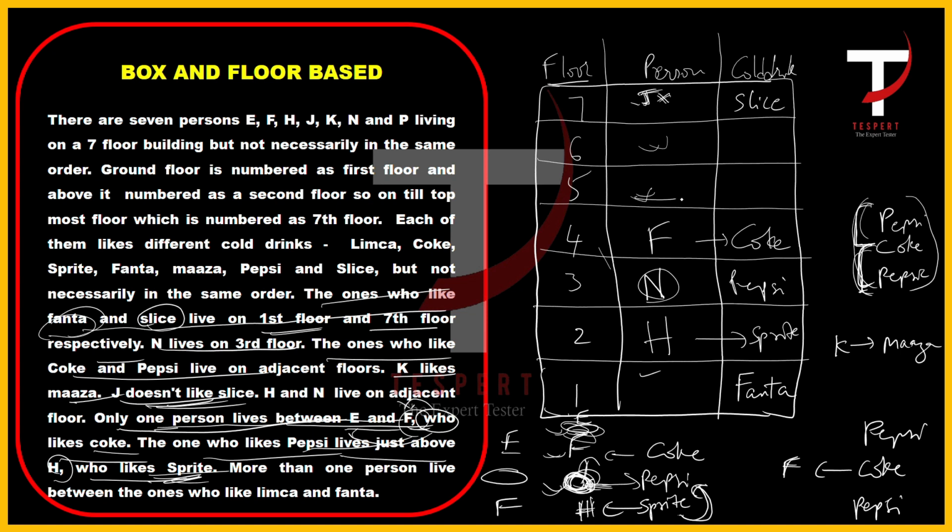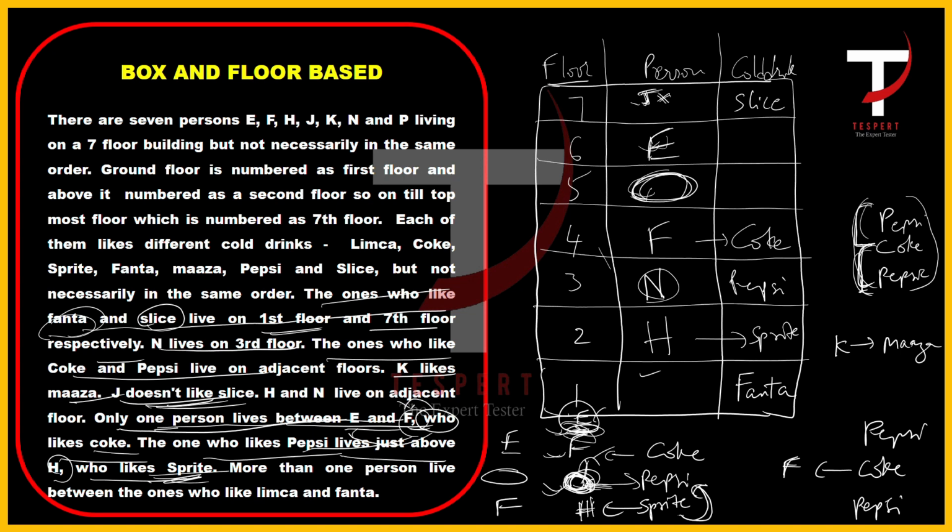And above F, there is one place where, as of now, we do not know who this guy is. So let us leave this as of now, and above this guy, E lives, because between E and F there is one person. So E comes here just above this one.